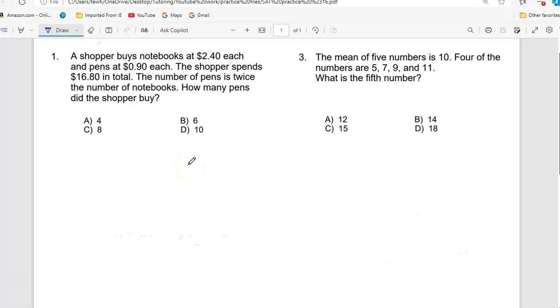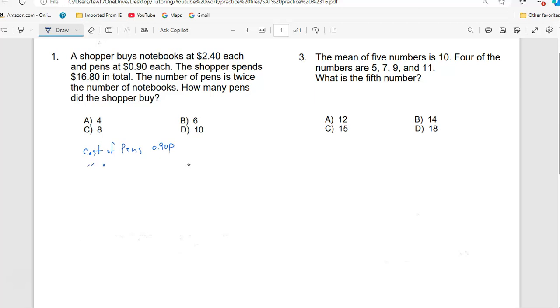What information do we have here? We have the price for each notebook and the price for each pen. So the total price comes from the cost of pens, the number of pens times the price of each one. So we say P for pens, number of pens P times 90 cents.